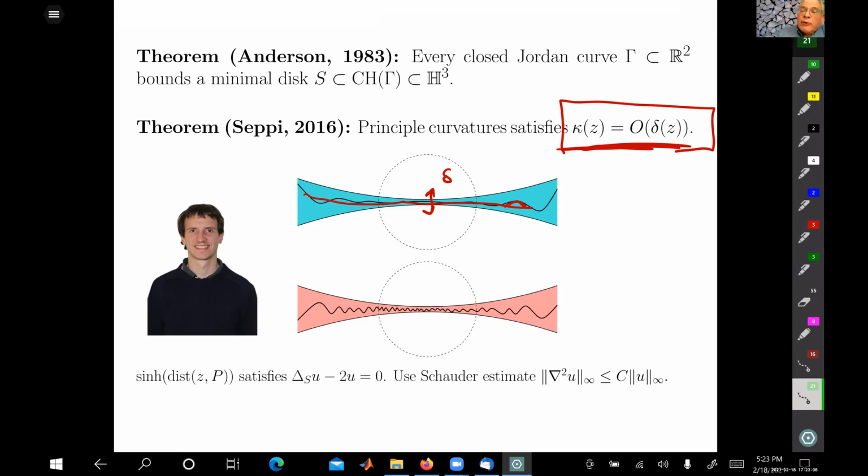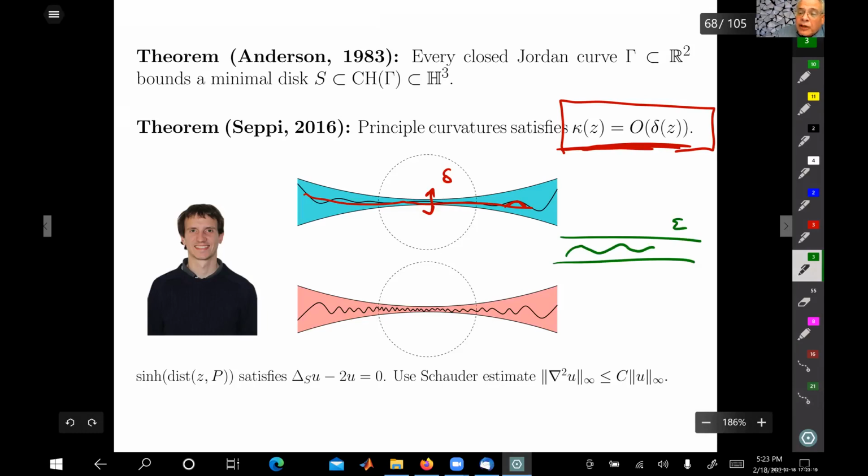The idea is that a minimal surface is a lot like a harmonic function. If you have a harmonic function which has small L infinity norm, so it's trapped between epsilon and minus epsilon, you can use Harnack's inequality to say that the gradient and the second gradient are also of order epsilon. So you can get estimates on the derivatives from knowing the sup norm of the function.